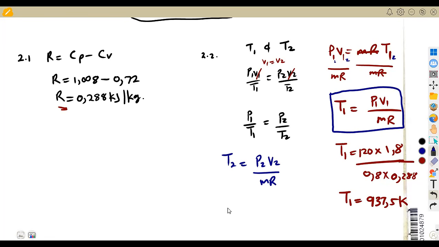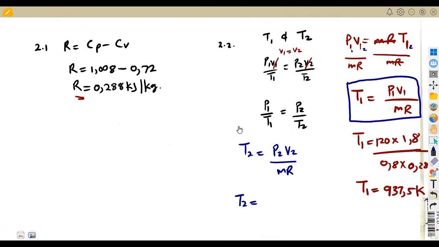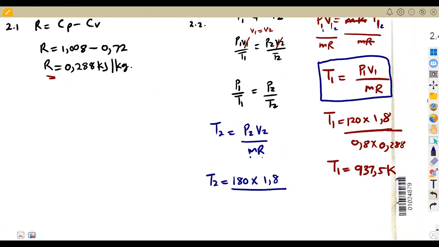So at the end, our T2 was going to be P2 V2 over MR, whereby P2 here is 180 and V2 is 1,8. So we're going to have 180 times 1,8 over the mass and the gas constant, which are the same as in the previous part: the mass of 0,8 and the gas constant of 0,288.